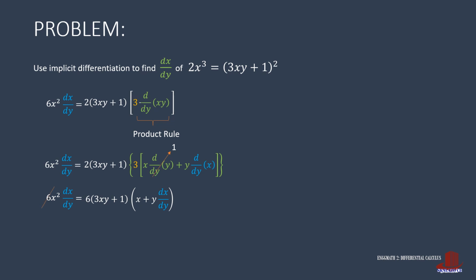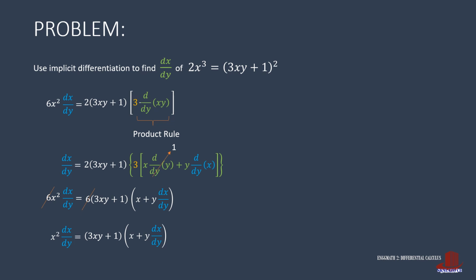We simplify the constants in the right side, so instead of working with separate 2 times 3, we take them as 6, which can then be cancelled out with the 6 on the left hand. So the reduced function is x squared dx over dy is equal to 3xy plus 1 with x plus y times dx over dy.